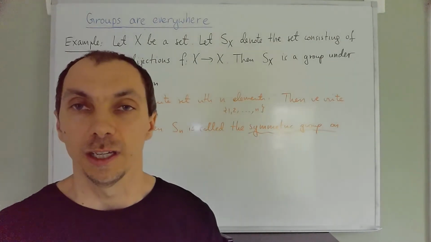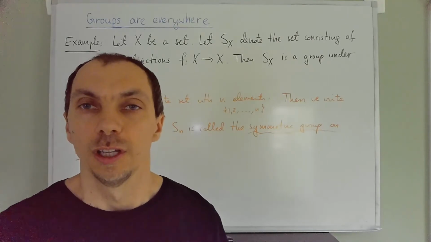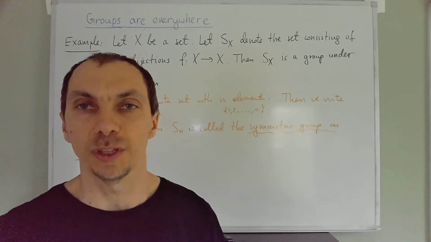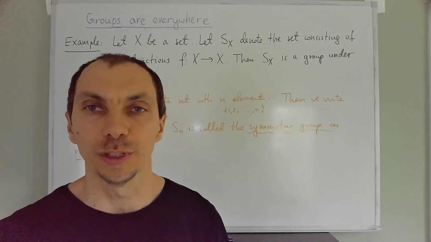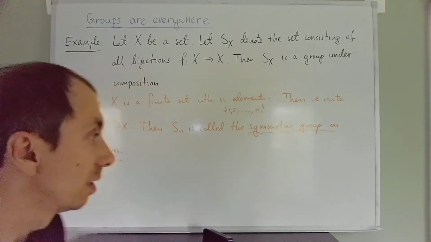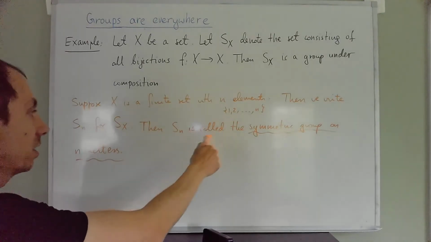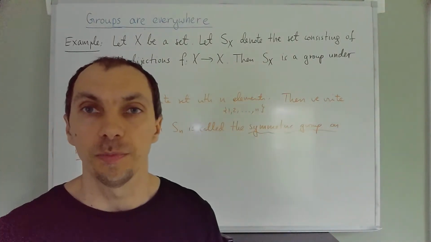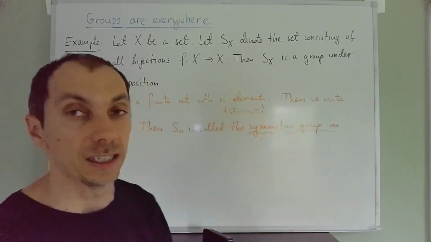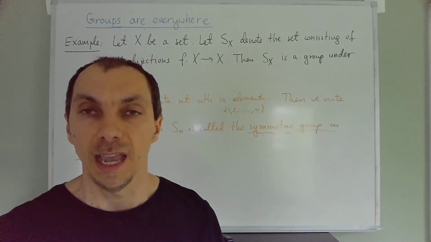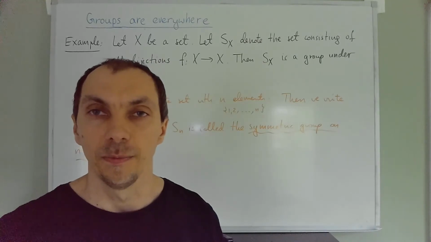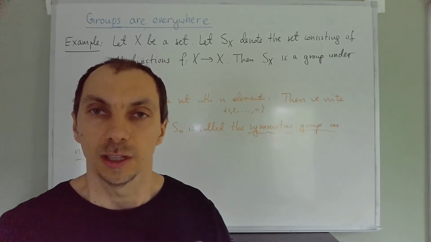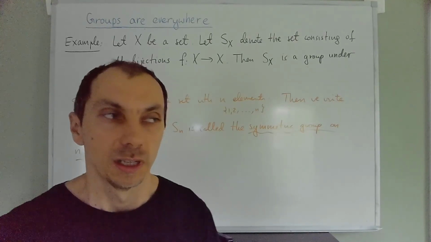That's a historical coincidence. It would probably be better to call them the symmetric group on n numbers. The elements of this group are not these numbers. They are bijections from this set back to itself, and the operation is composition.